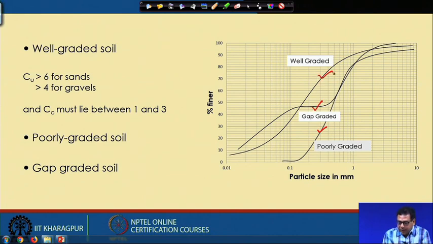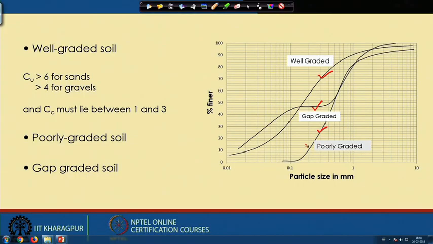Now, if I define these 3 different gradations, poorly graded soil means that one particular particle size or a range of particle sizes is excessively present in the soil. So, if you look at this graph, most of the particle size of this soil is present in this range.